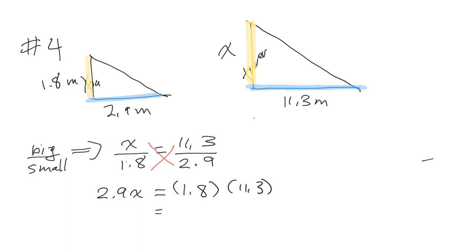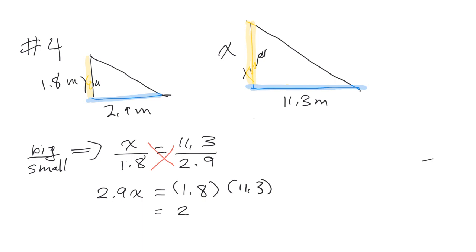So I'm going to write 20.84 is equal to 2.9x. So I get 2.9x is 20.84.